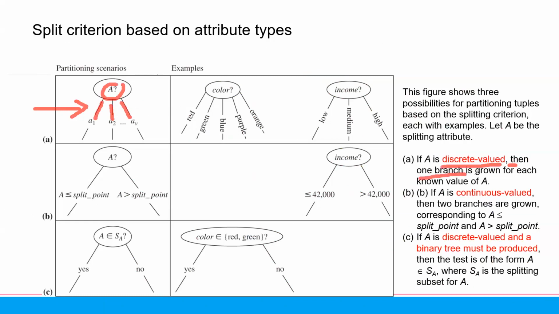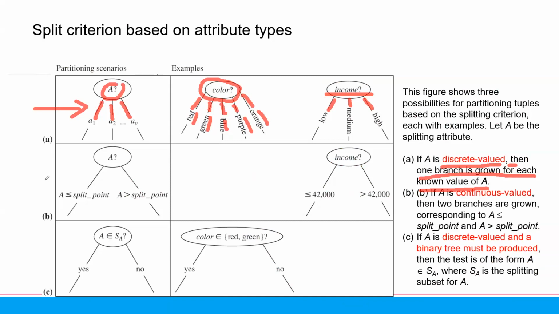One branch is grown for each known value of A. Let's say I have, for example, color. The attribute for every branch can be the name of the color. Is it red? Is it green? Is it blue? Is it purple? Is it orange? Or let's say income: I have income low, medium, and high. So every categorical value will be in its own branch.